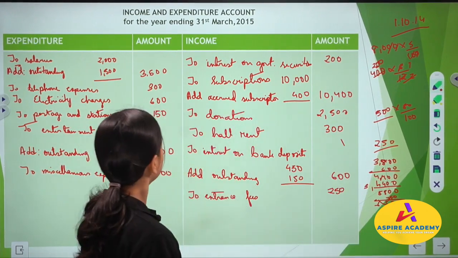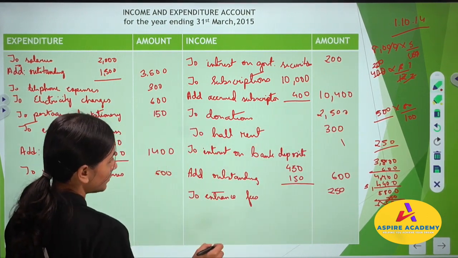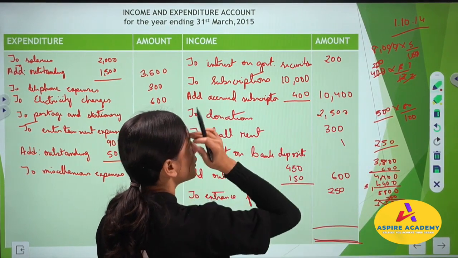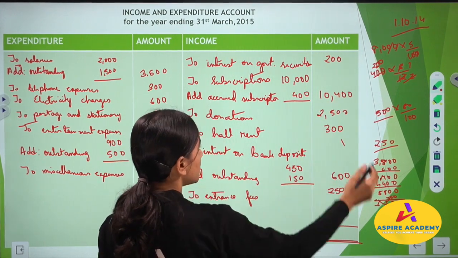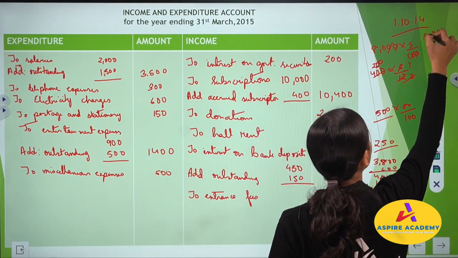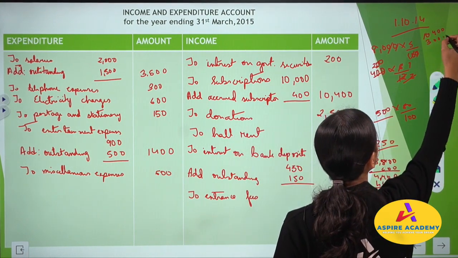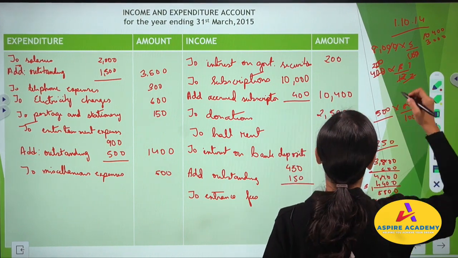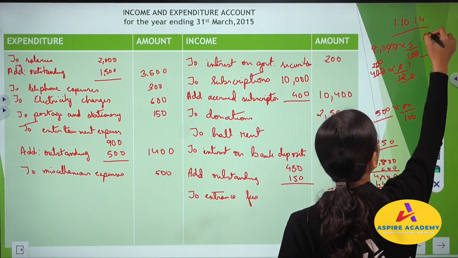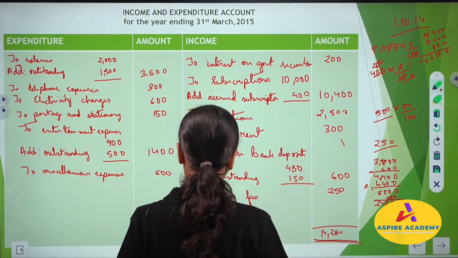Now check this side. Obviously this side would be much more than this side because we have here the 10,000 amount. So let's total this side. So here we have 10,400 plus this 500, so the total is 14,250.